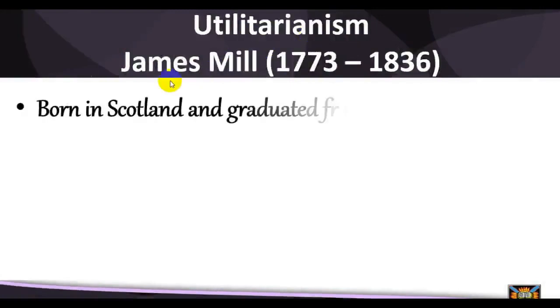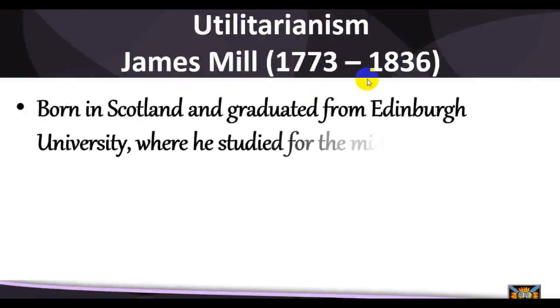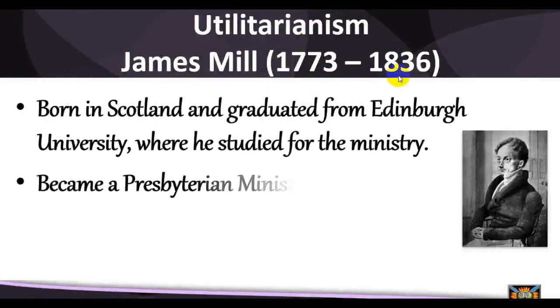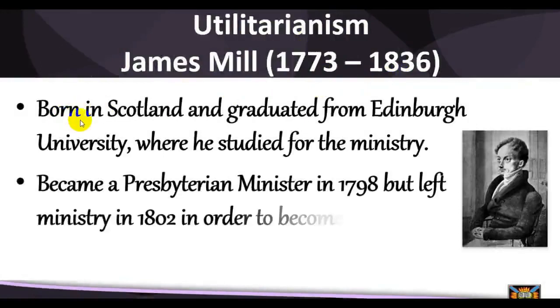Utilitarianism. James Mill, 1773 to 1836. James Mill was born in Scotland and graduated from Edinburgh University, where he studied for the ministry. He became a Presbyterian minister in 1798, but left the ministry in 1802 in order to become a journalist.